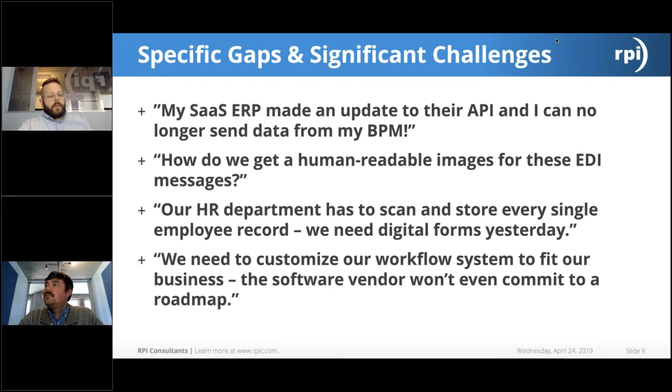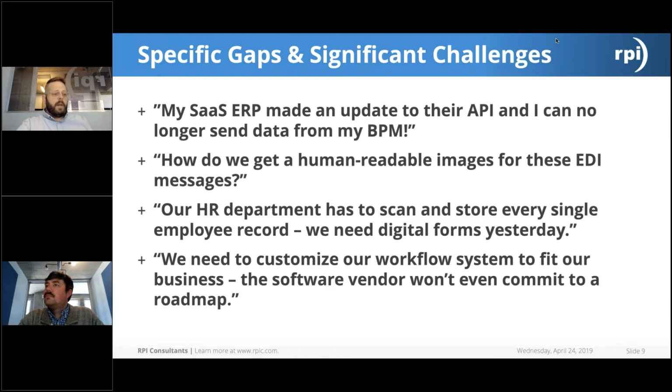The fourth is we need to customize our workflow system to fit our business. So maybe this is a user experience issue. Maybe they are getting 90% of what they need through their client, the user client, but they want to add one feature that would really improve the processing and the handling inside of their workflow system. However, when they bring up this challenge or this enhancement request to the software vendor, they won't even commit to putting it on a roadmap.